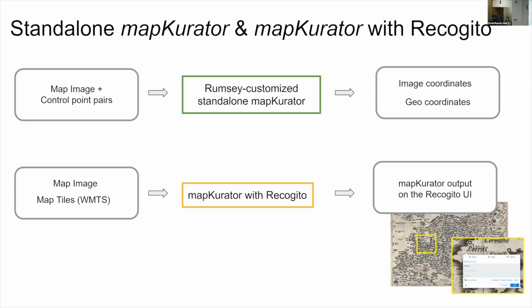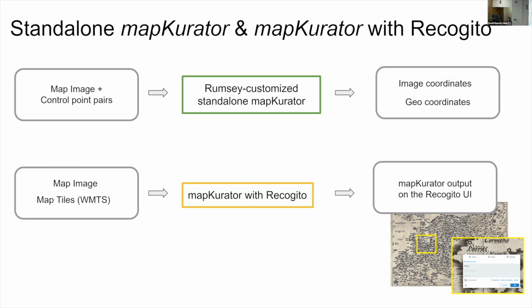And currently, we support 2 versions of mapKurator. The first one is standalone mapKurator, and the second one is mapKurator with Recogito. For the Rumsey customized standalone mapKurator, we use a map image and control point pairs as input, based on the format of the Rumsey map collections. And it generates the results of image coordinates and geo-coordinates as GeoJSON files.